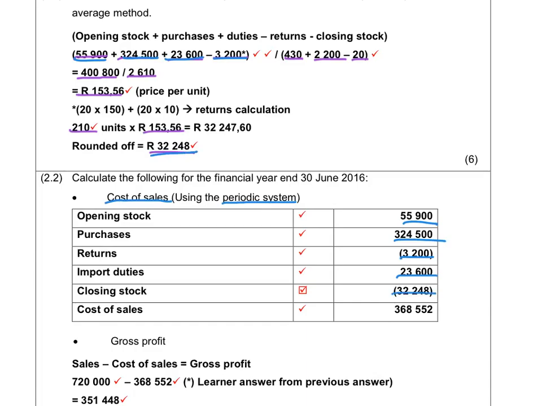So to calculate the cost of sales, we use our opening inventory plus purchases less closing stock, and that will give us the cost of sales figure as 368,552. So remember, to calculate cost of sales, you take your opening inventory, your purchases will be all the expenses that you paid, less the closing inventory.